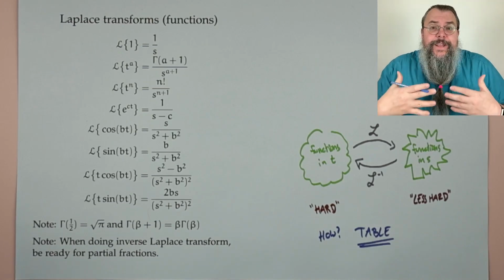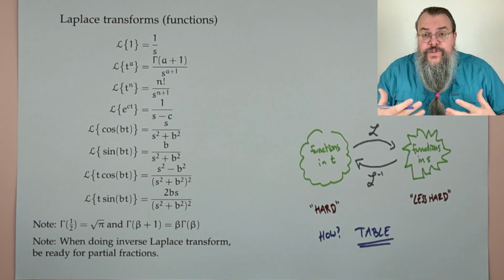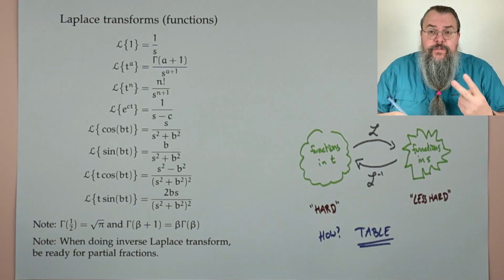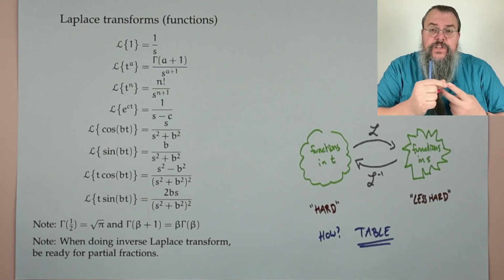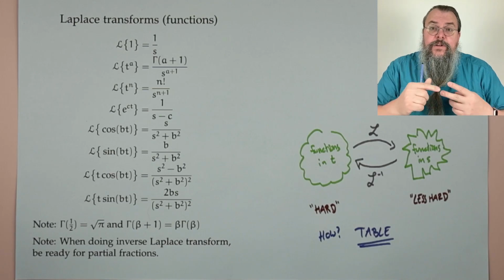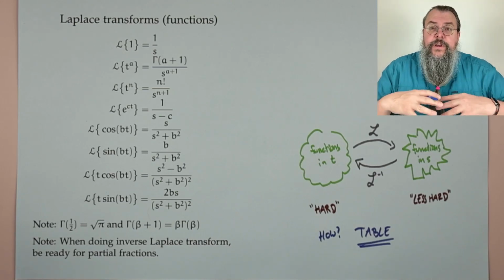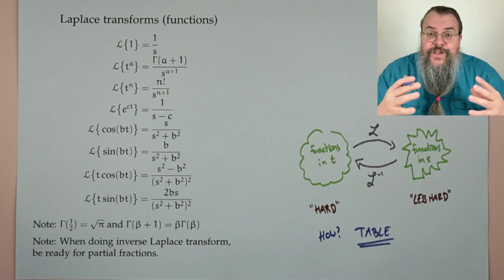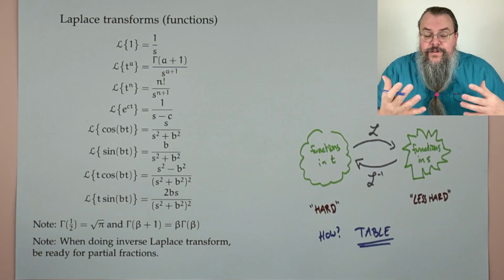Now, what do I mean by table? I mean that we'll have a collection of rules, and they fall into two main categories. There are rules about what happens to particular functions, and there are rules about how we combine things together. If we want to do a Laplace transform, we rewrite our expression so that it fits our table, and we have lots of nice things to use.